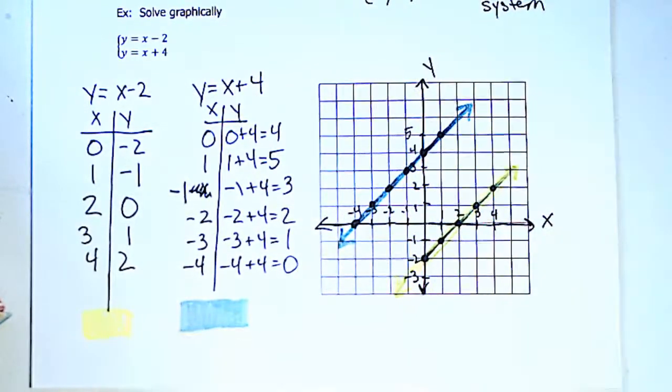And so my question for you, what solution will make Matt Damon happy? And the answer is, oh no, it looks like these two lines are parallel.